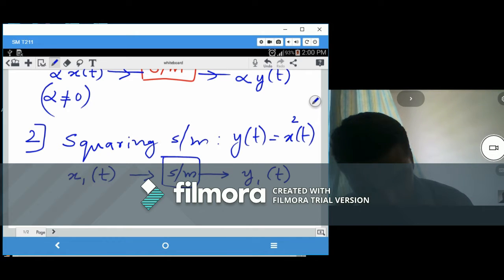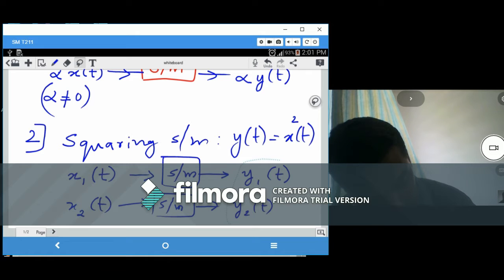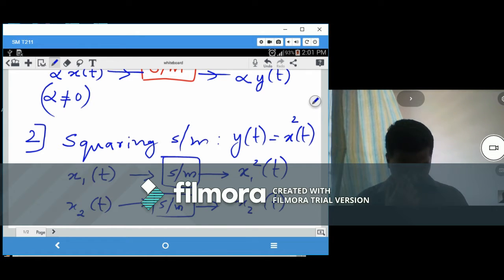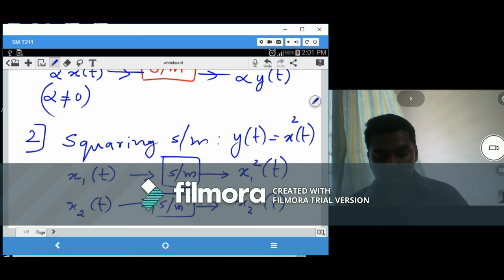Similarly, if I give x2 of t to the system, another input, it would result in y2 of t. Now from the system definition, I can get rid of this y1 and y2 and just write it as x1 squared t, x2 squared t. Okay. Now I do the following.